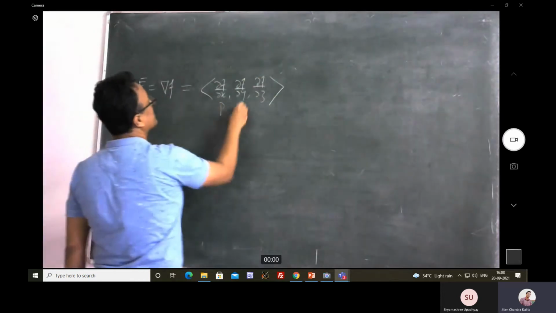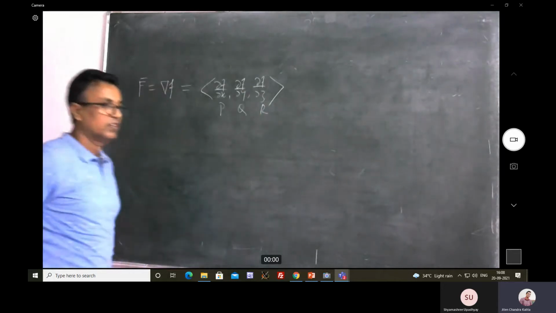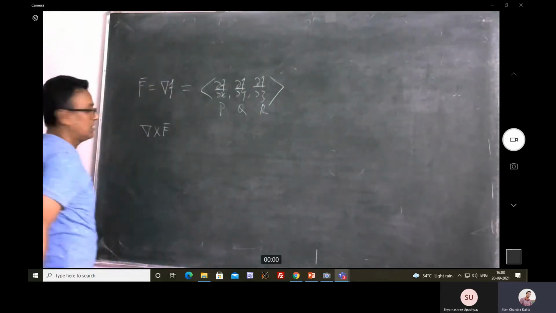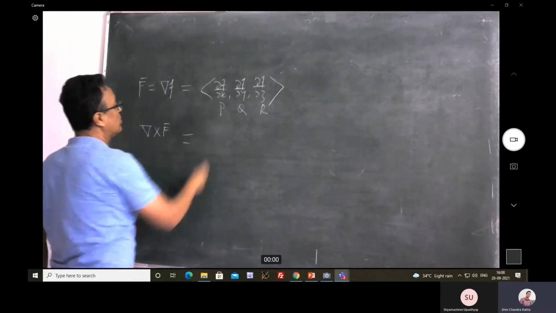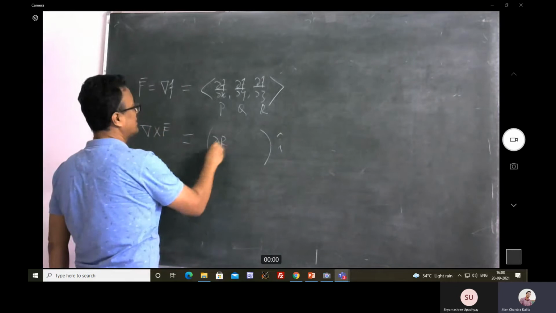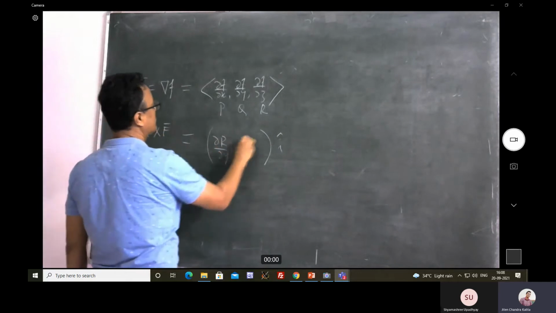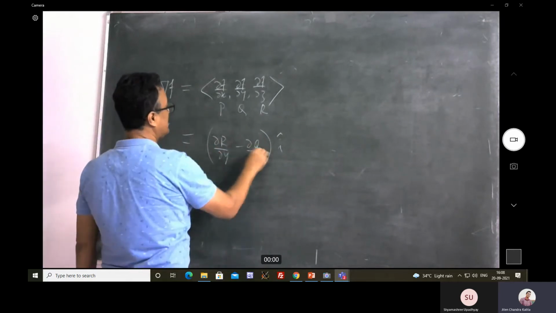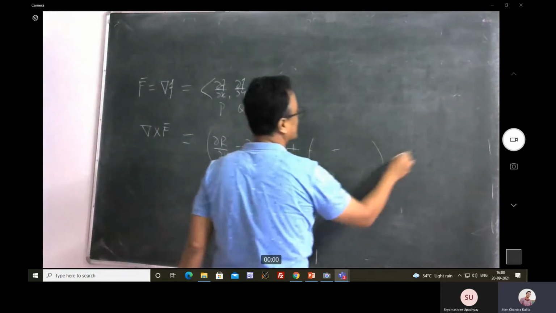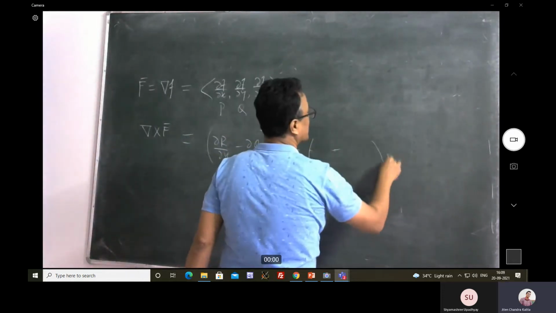So basically your P, Q, R are given by this. Now if you consider the curl of F, firstly I get del R/del y minus del Q/del z, and we will have the other two components as well.